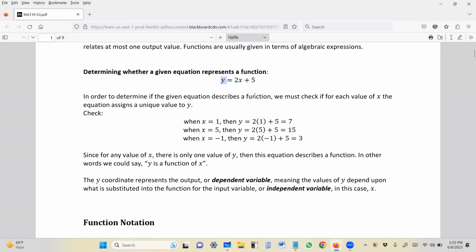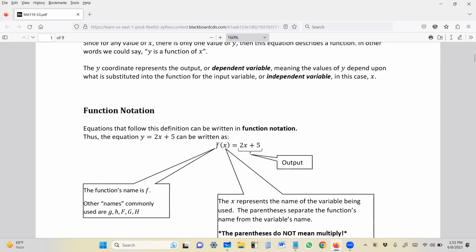In addition to using the variable y, we can call a function by a variable name like f, parentheses, and the variable that appears on the right side, in this case, x. So we say that f of x is the function name, x being the independent variable that appears on the right side of the equal sign.